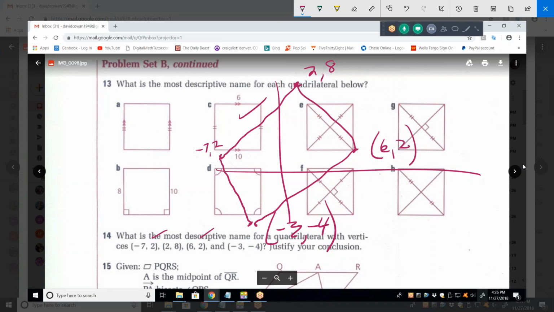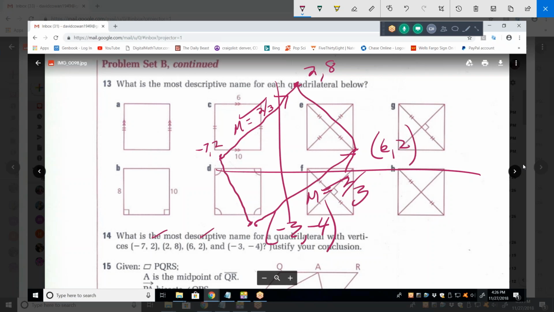Okay, what's the slope of this line right there? 2 minus 8 equals 6 over 9, so 2/3. Now let's look at this one. 6 over 9. So 2/3 again. So that line's parallel with that line.